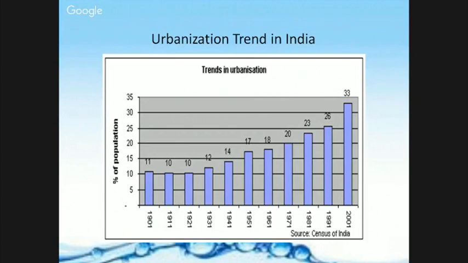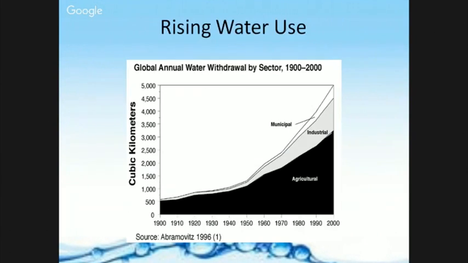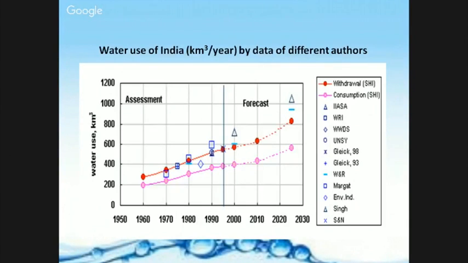This I skip. It's already shown by another graph. This is the annual withdrawal of water with respect to different beneficial use sectors, the industries or the municipalities and the agriculture. And you would be getting a better feel if one works on the wastage of water in each sector.